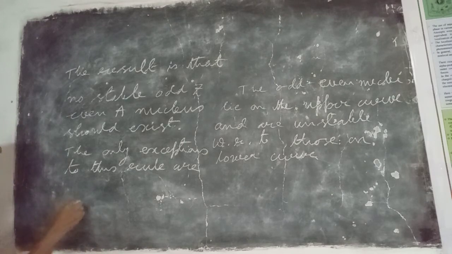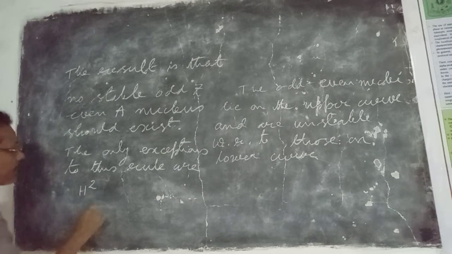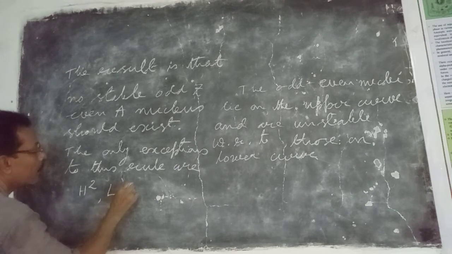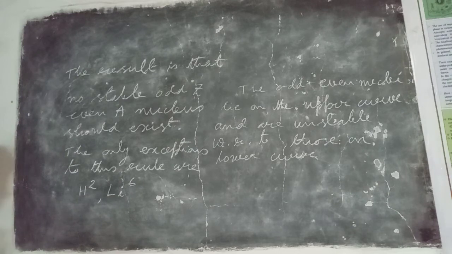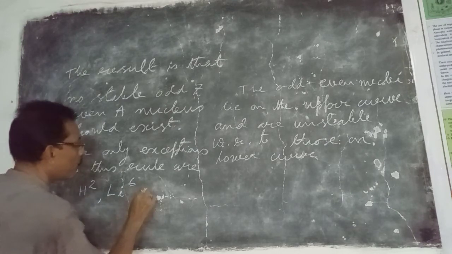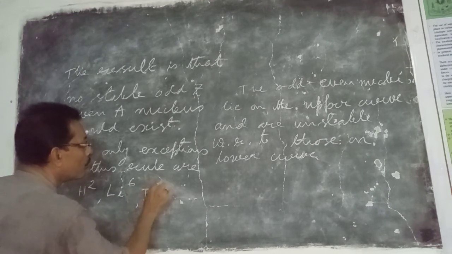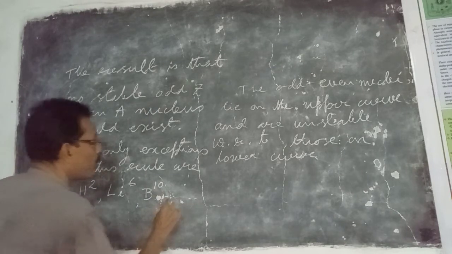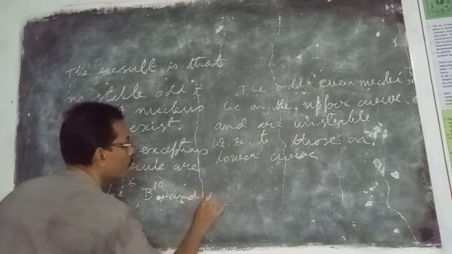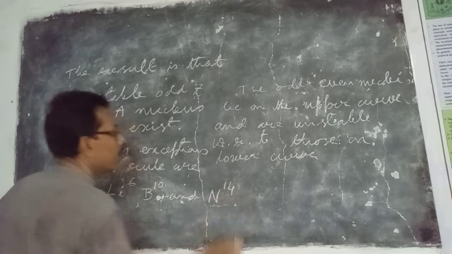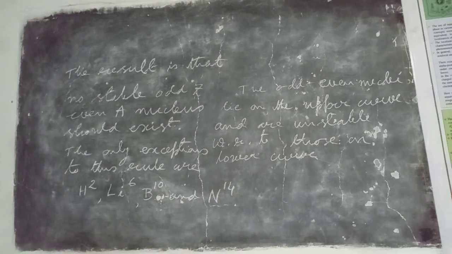These exceptions are deuterium, lithium 6, Z is 3, boron 10, and nitrogen 14. These are the exceptions. Or in general, the odd Z even A nuclei are not stable.